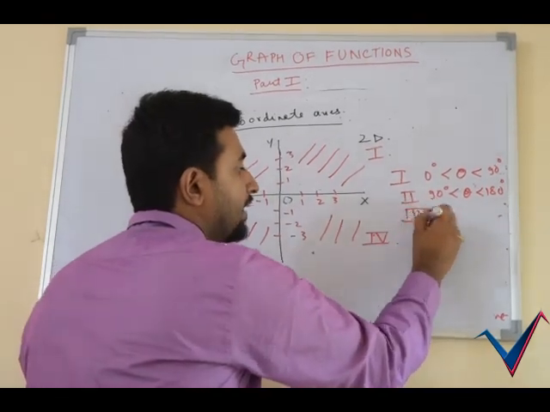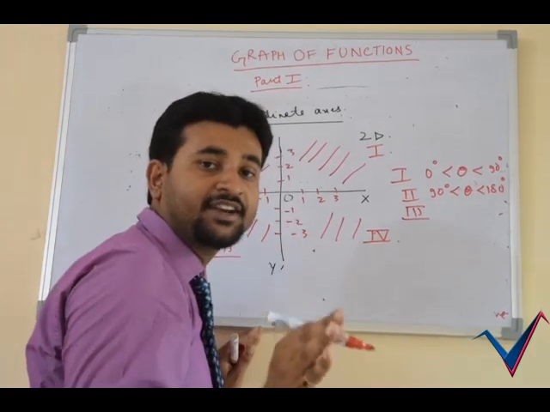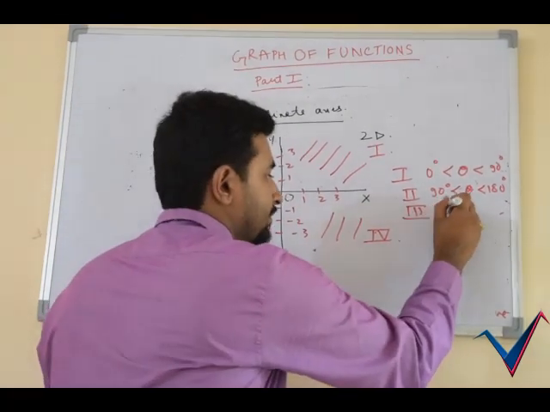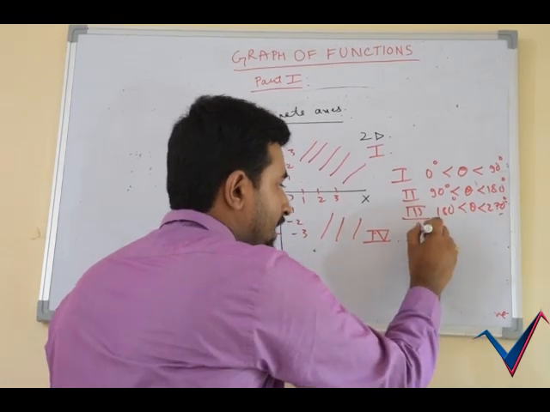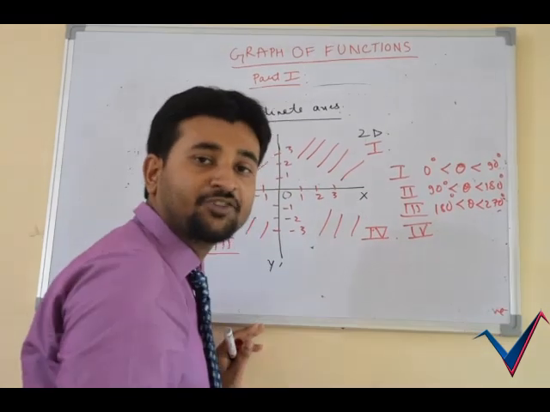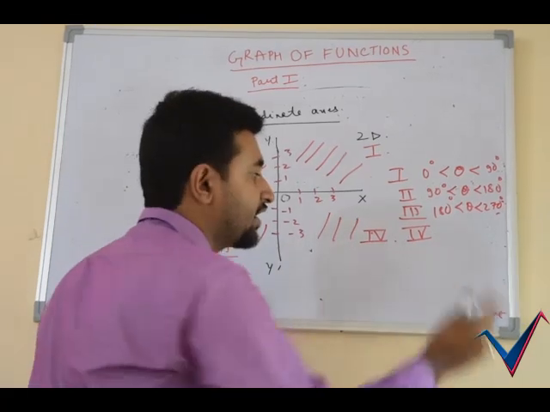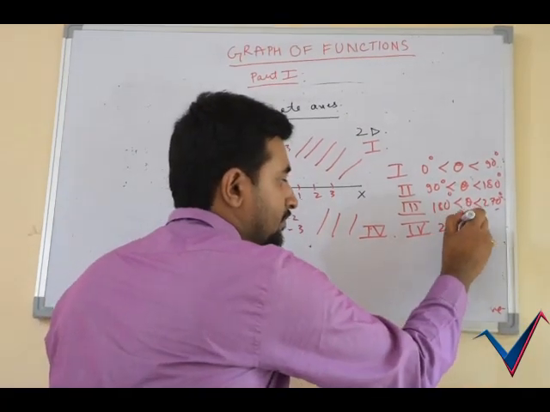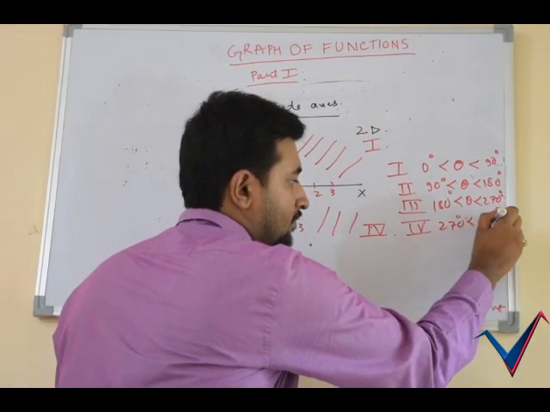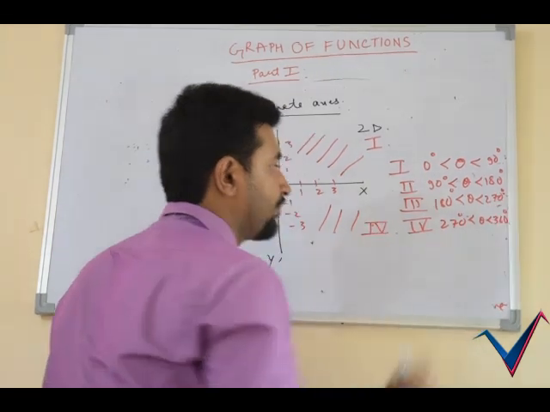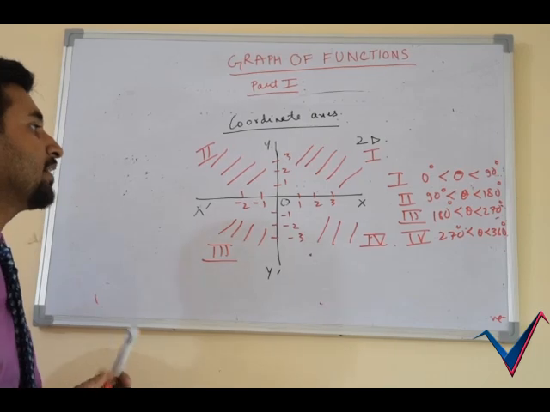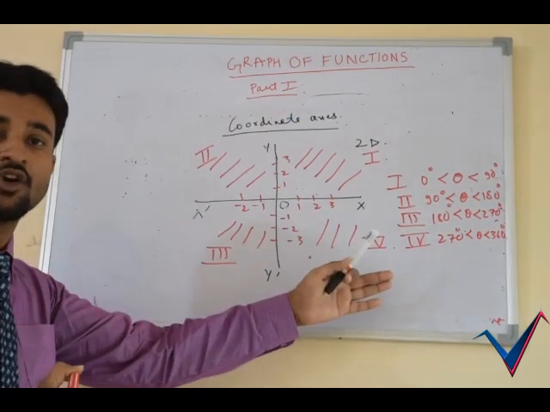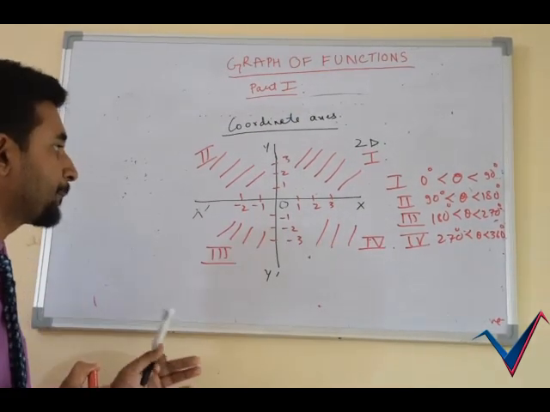In the third quadrant the angle lies between 180 degree to 270 degree. In the fourth quadrant the angle lies between 270 degree to 360 degree. So these are the features of the quadrants. You have different ranges of angles for different quadrants.